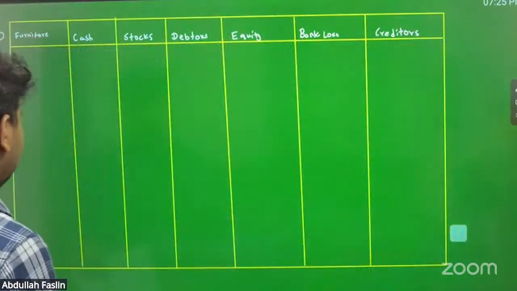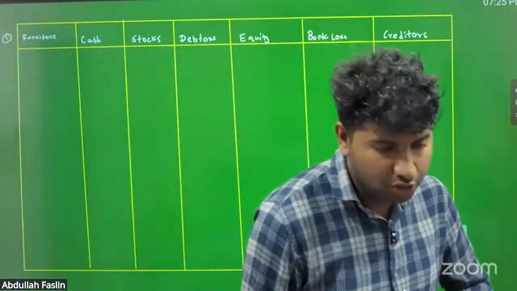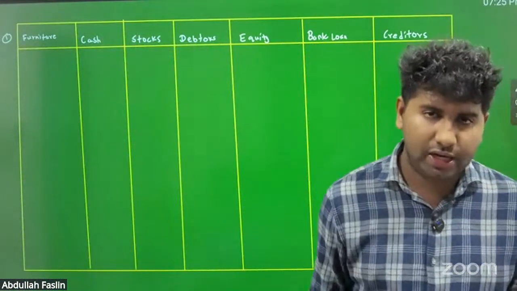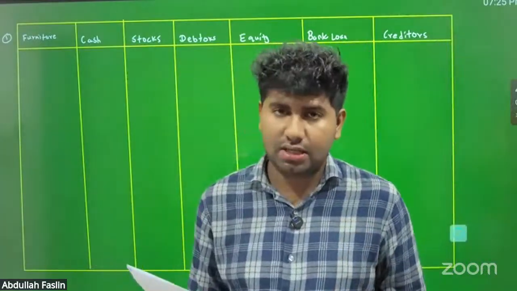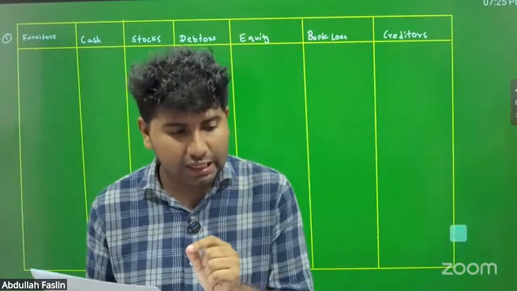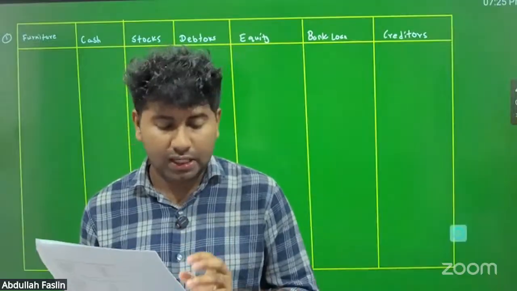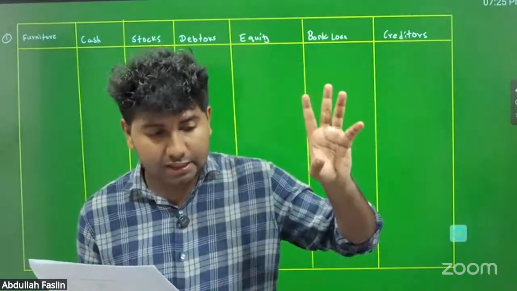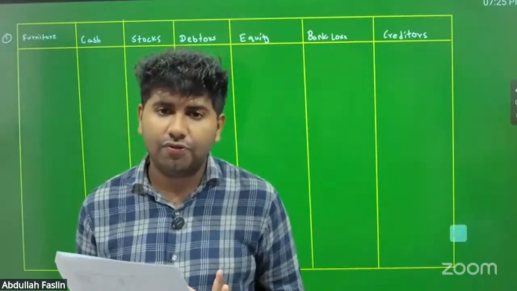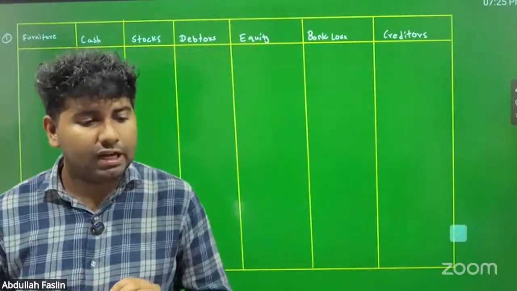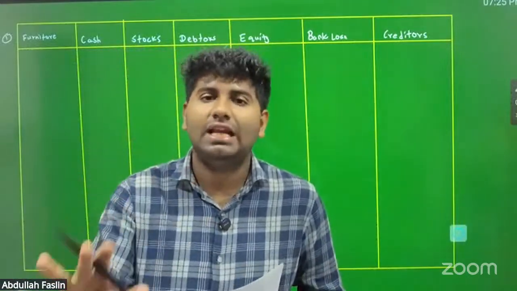Now, one by one we have to learn. You all should have the paper with you, right? Question number 1. Chamara commenced the stationery business on 1st of January 2016. Following transactions occurred. If he has started the business on 1st of January, one important thing you have to understand is there are no opening balances.